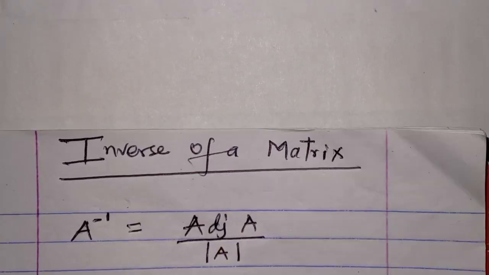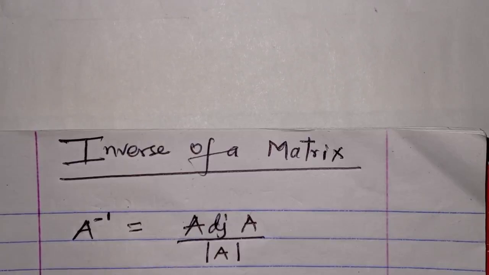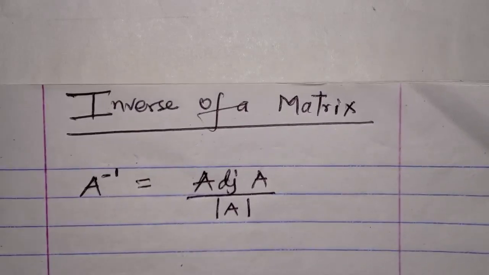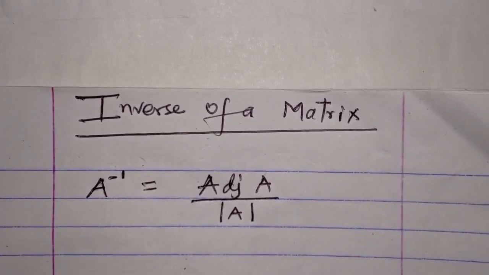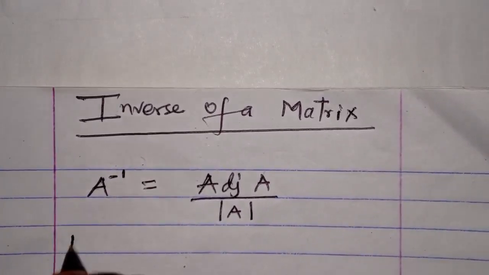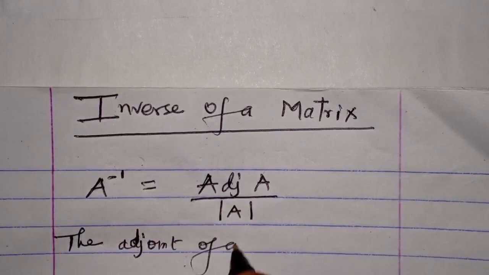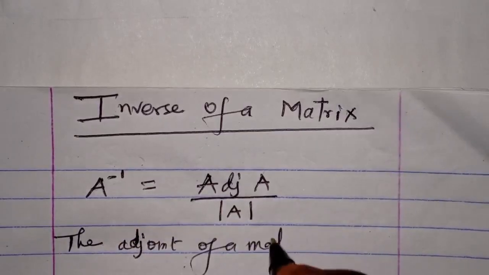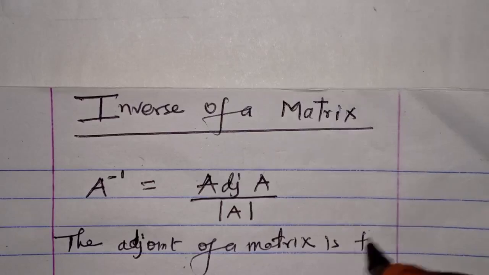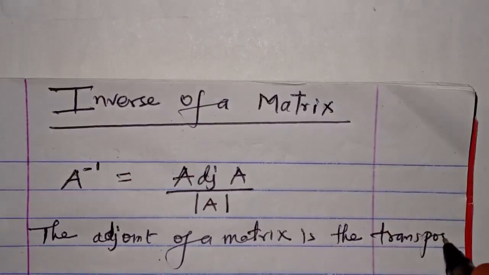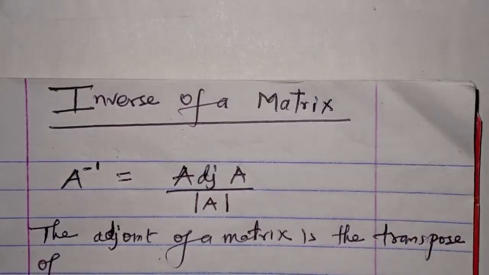So, to determine the inverse of a matrix, we need the adjoint of the matrix and the determinant of that matrix. Alright, take note of this. The adjoint of a matrix is the transpose of the cofactor matrix.